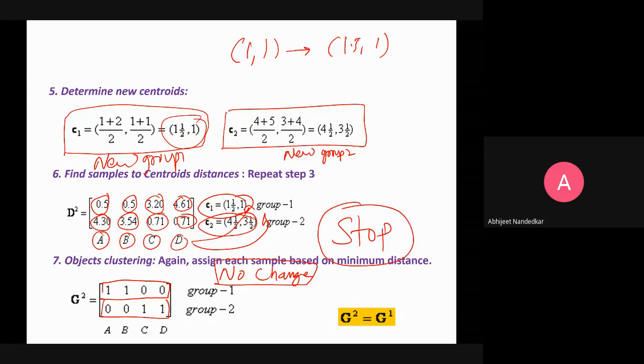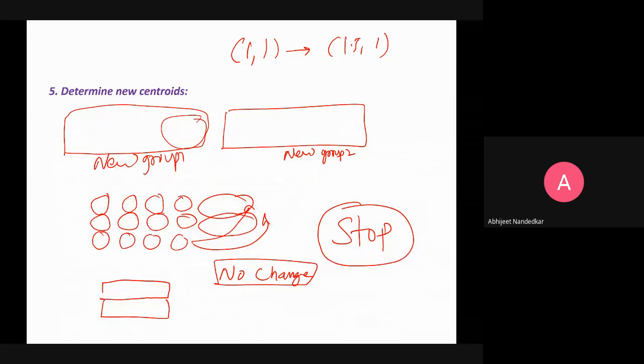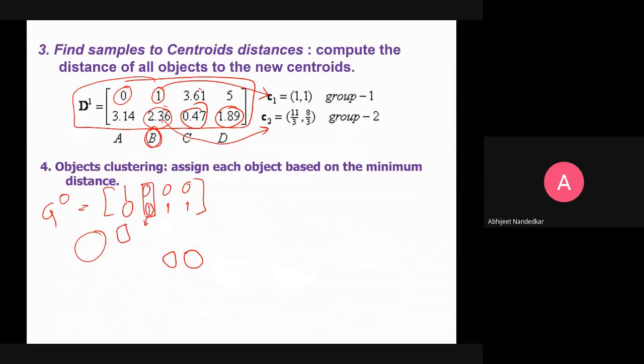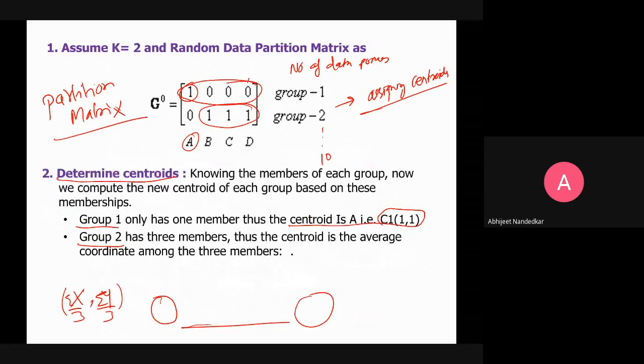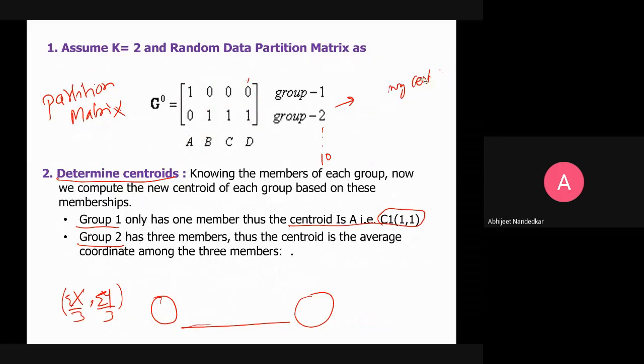Okay, so I just repeat the steps. We randomly assume some initial value of k, equal to, in this case, 2. Then we find out this group matrix G, or partition matrix G. Remember, this is randomly assumed.